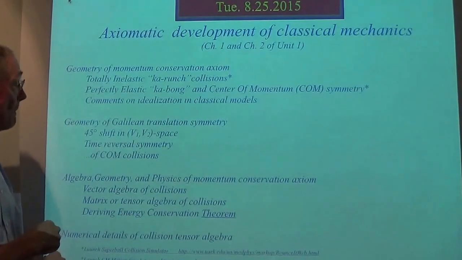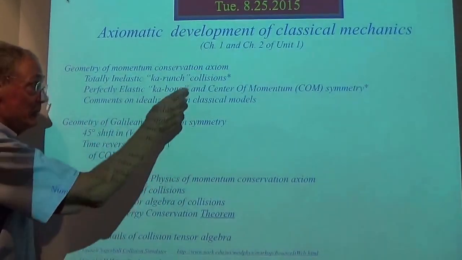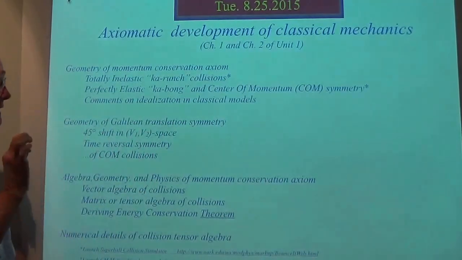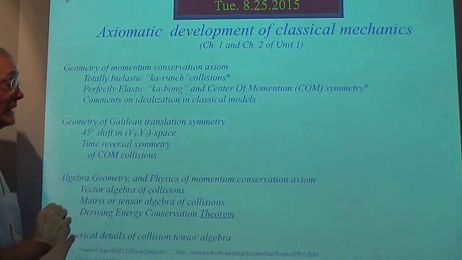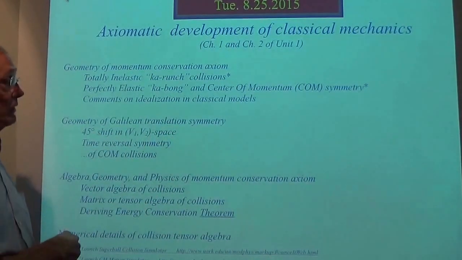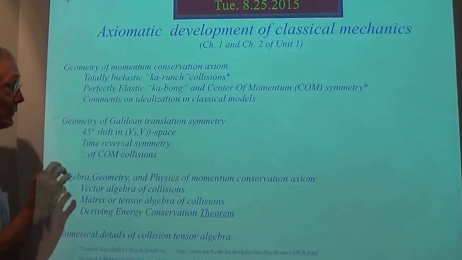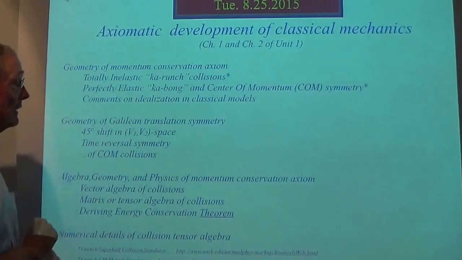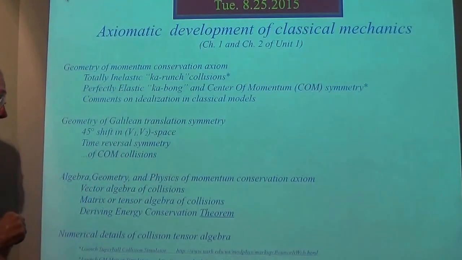Now, the geometry of the ideas behind this are really key, and we're going to be starting with the Galilean symmetry of translation. Now, at the end of this course, in Unit 8, we will find ways to understand the modern translation, which is a breakdown of Galilean to Lorentzian. We'll get to that in due time.